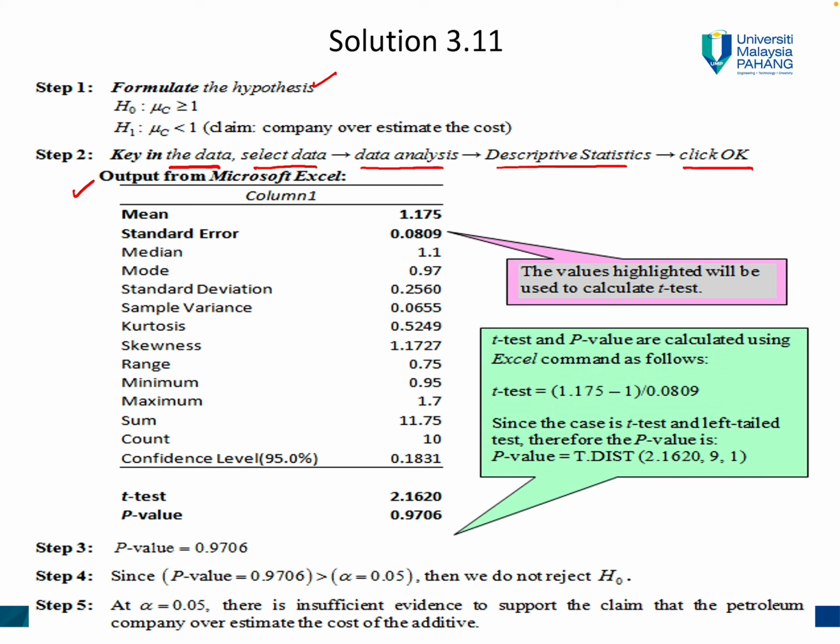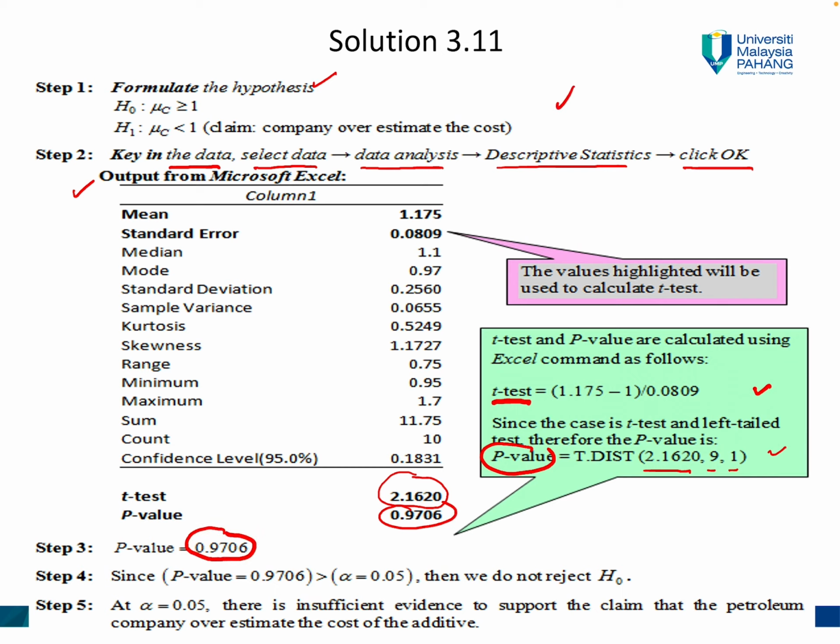So how to calculate the t-test? How to calculate the p-value? First, you must have the t-test here given by the mean. Okay. And then you have to follow this formula. You will get the t-test here, 2.16020, and then for the p-value, put the t and then the degree of freedom here, and then you will get the p-value.